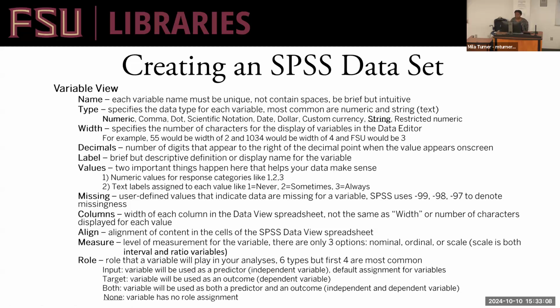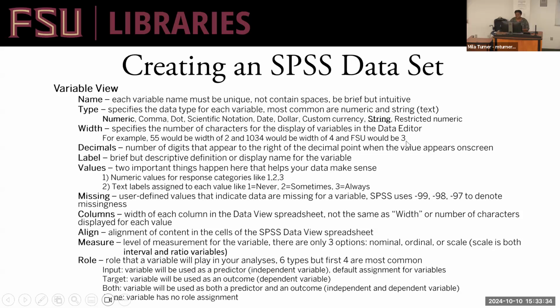The next thing that you'll see after name is the type of data. Remember, I just said most common types are numeric and string, which is basically numbers and text. There are a few other types, but again, numeric and string are the most common ones that you will use. And then the width is how many characters that variable can have. So for example, like the examples I have here, 55, the width of that is 2 because there's 2 characters.